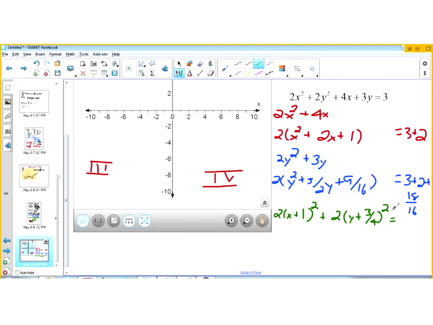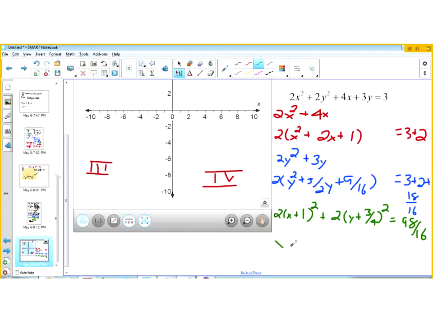That's equal to what? 98/16, because 5 plus 18/16 is, let me check, 5 is 80/16, so that would be 98/16.